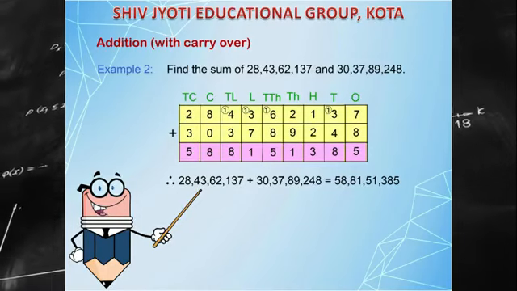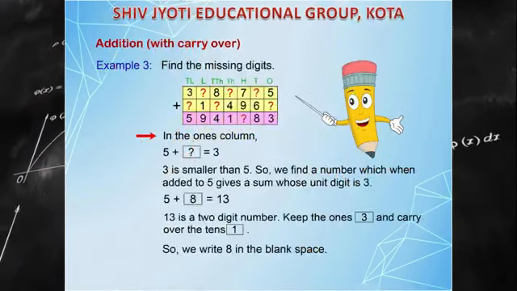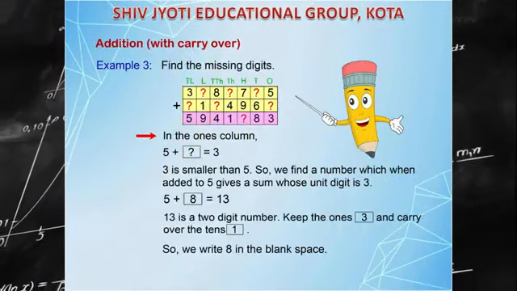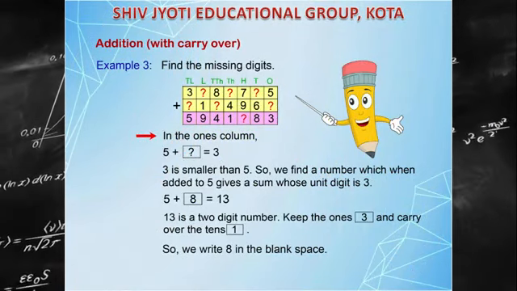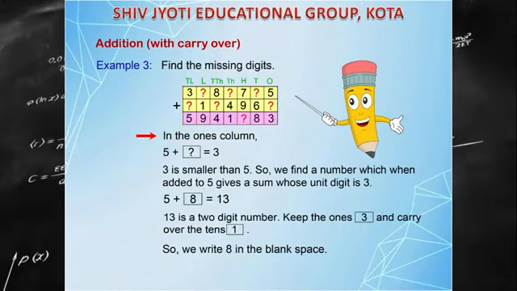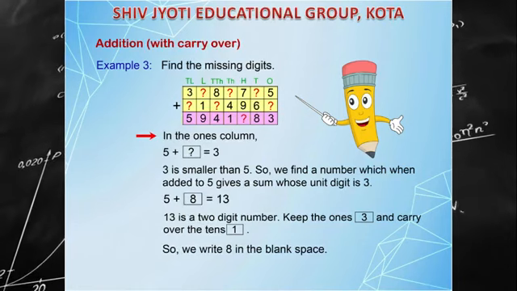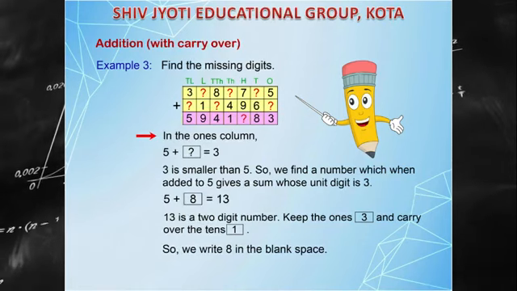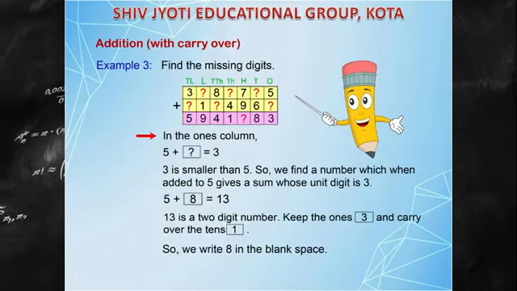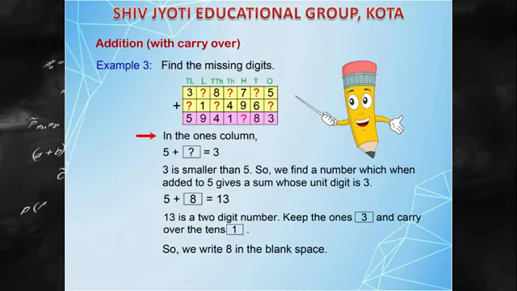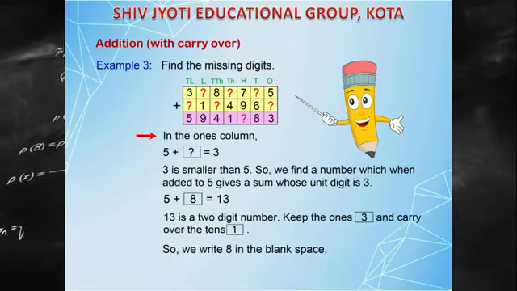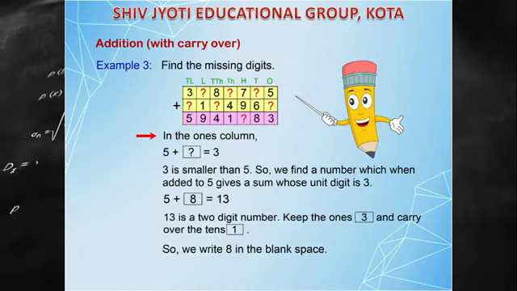Now we will learn how to find missing digits in addition. Here you can see the examples. In the ones column, 3 is smaller than 5. So we find a number which when added to 5 gives a sum whose unit digit is 3. 13 is a 2-digit number.